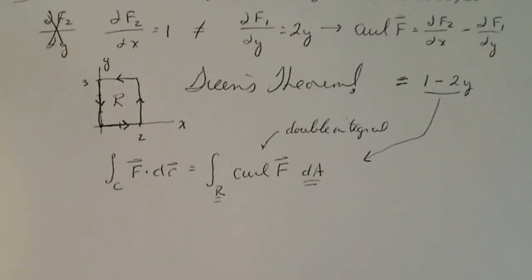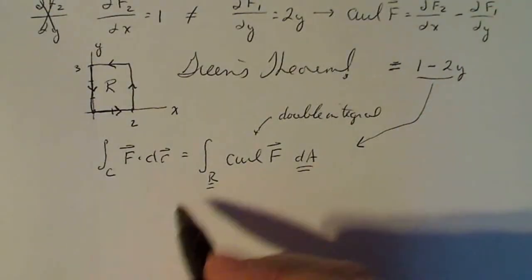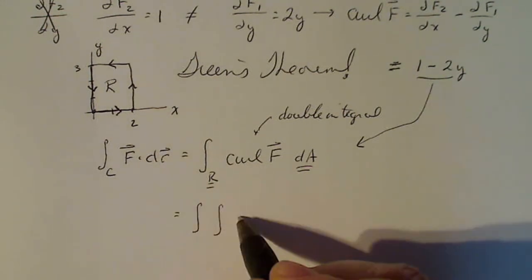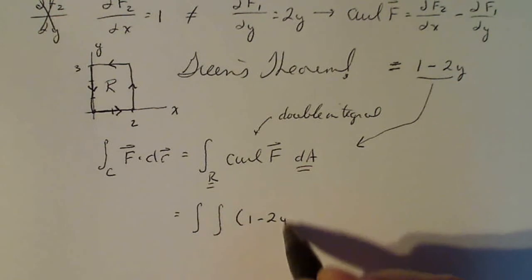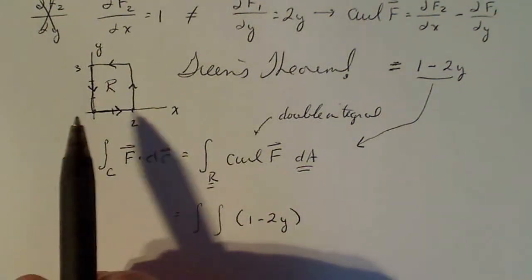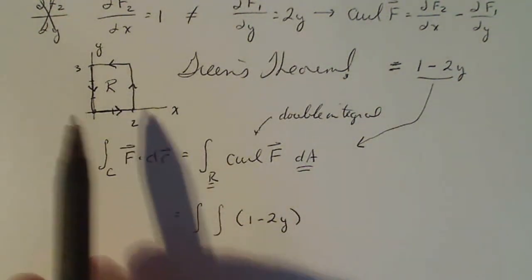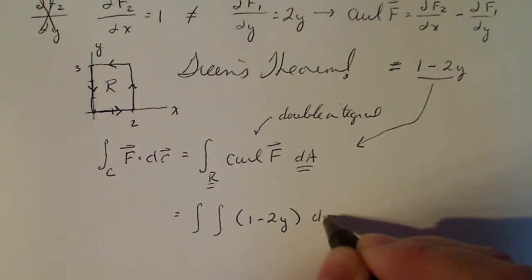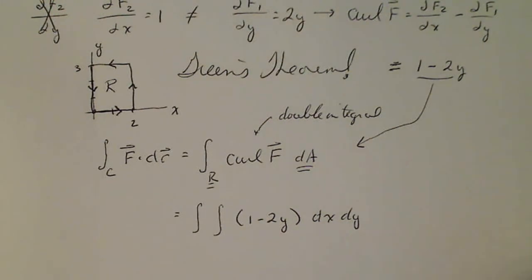Let me scroll up a little bit so we have more room. So this is going to be a double integral. My function is going to be 1 minus 2y because that's the curl. And because this is rectangular, it makes it extremely easy to find the bounds using rectangular coordinates, namely dx dy. You can do dy dx too, it doesn't matter, just make sure your limits are right.